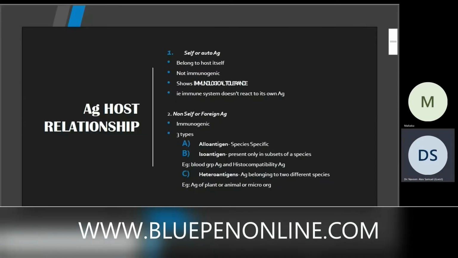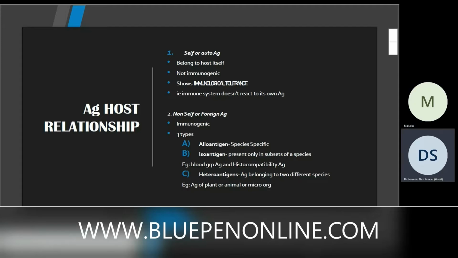The next is the antigen host relationship. That is the antigen and the body's relationship, the host where the antigen enters. First is self or auto antigen. Sometimes our own body may act foreign to our own body, like in the autoimmunity which happens. Autoimmune reactions. The self or auto antigen belongs to the host itself.